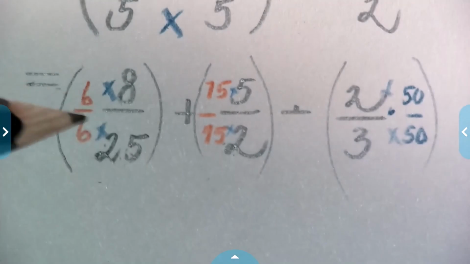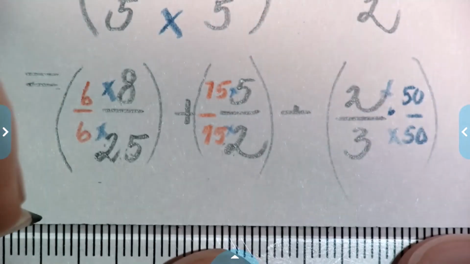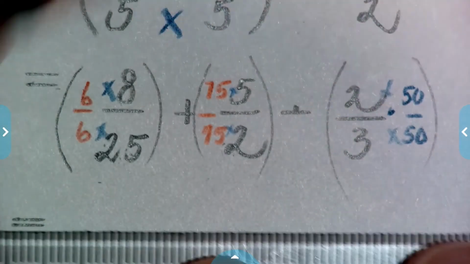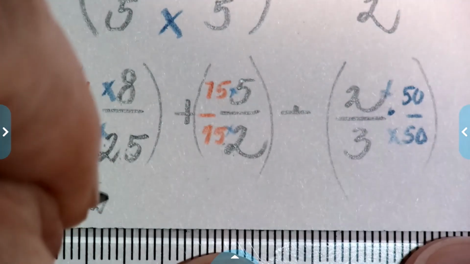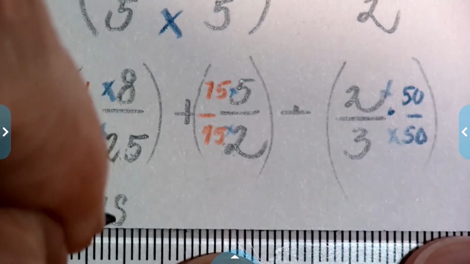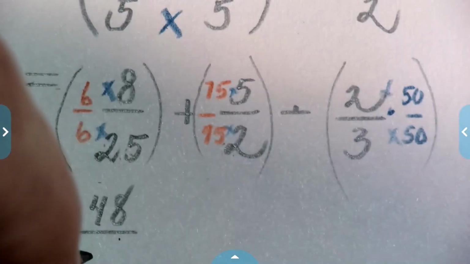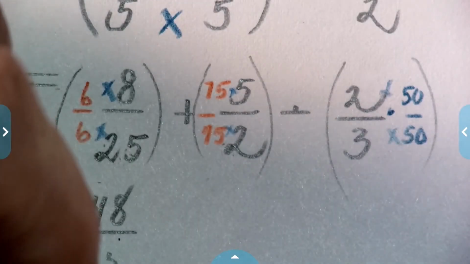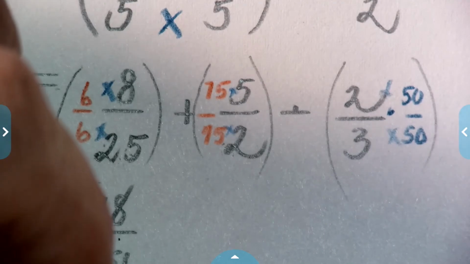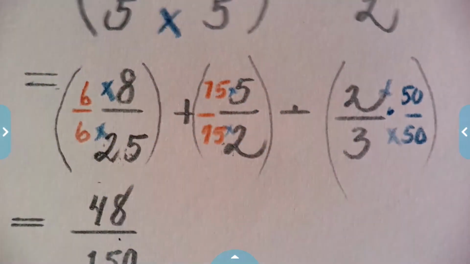All right, starting here, we got 6 times 8 is 48. Over 150. Oops.